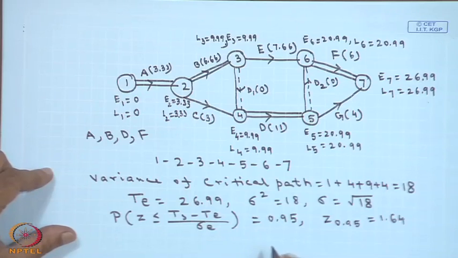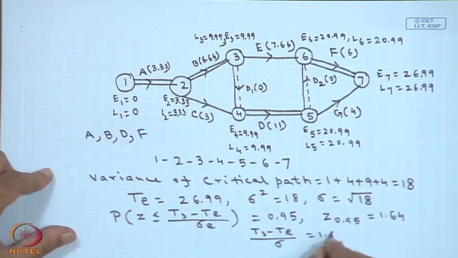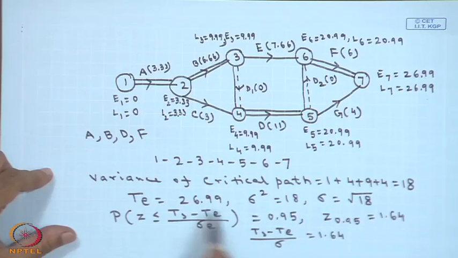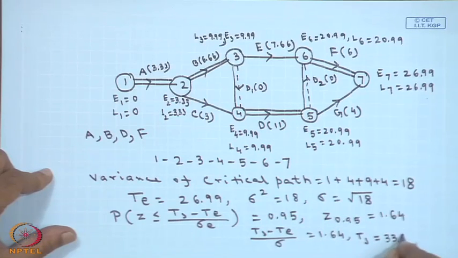Therefore, (Ts minus Te) by sigma equals 1.64. Now you know Te and you know sigma, so you can calculate Ts. Ts will be sigma into 1.64 plus Te, and Te and sigma we have already calculated. Therefore, your Ts will become 33.94.